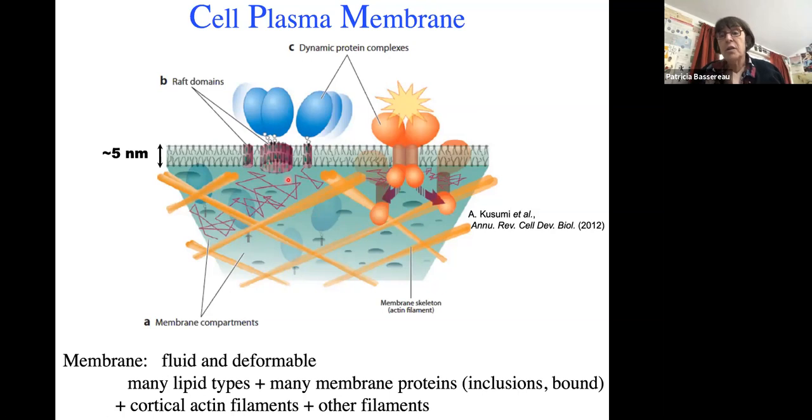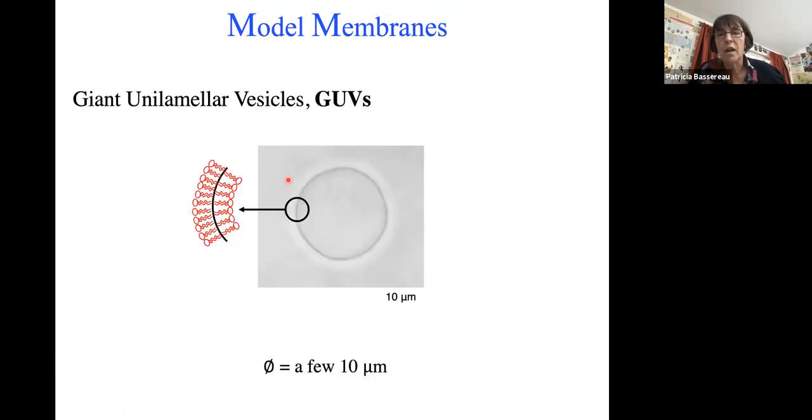If you want to build up a cellular membrane, you have to take into account all these components: the proteins, the cortex, and the complexity of the membrane in terms of proteins and lipids. A very convenient system to build up a membrane system is giant liposomes.